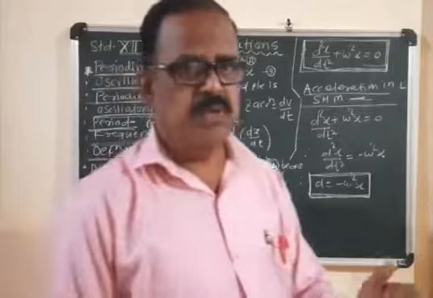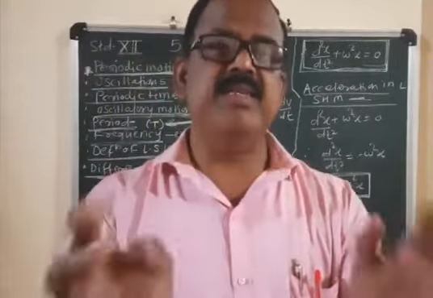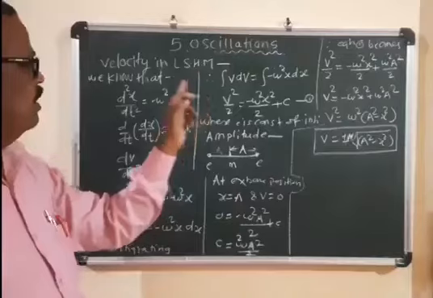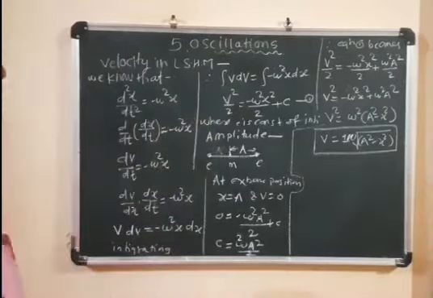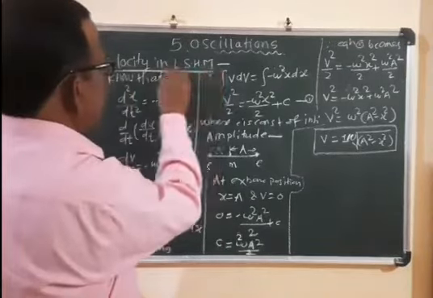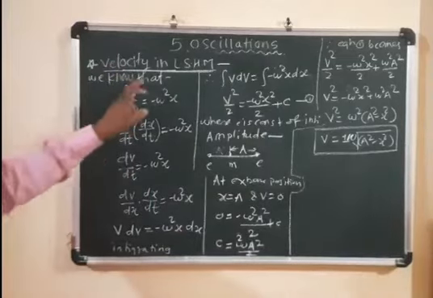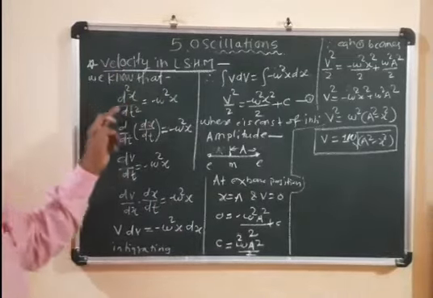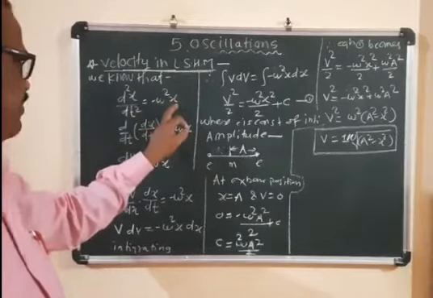Now, we explain the velocity of particle in linear simple harmonic motion. That is, we find the velocity of the particle in linear simple harmonic motion. We know that d2x/dt² = -omega square x.